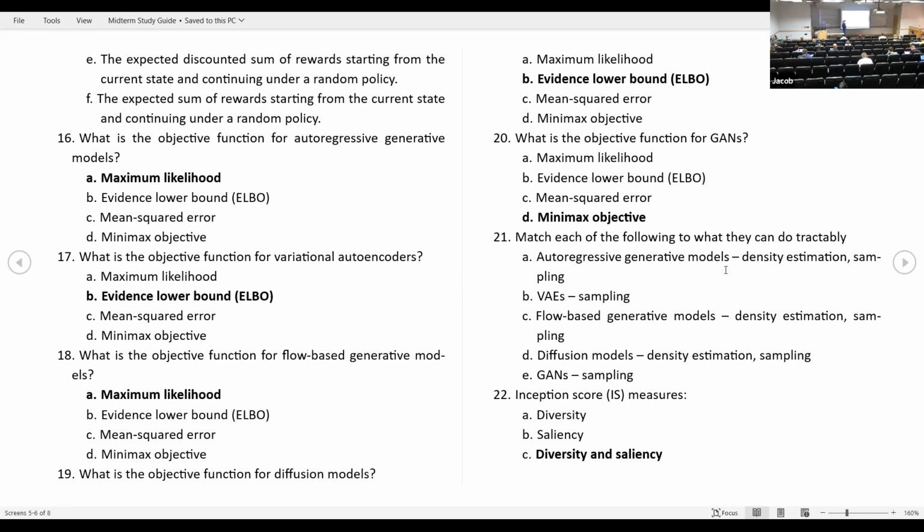Okay, so then GANs, we can do sampling. Why can't we do density estimation? Any thoughts?